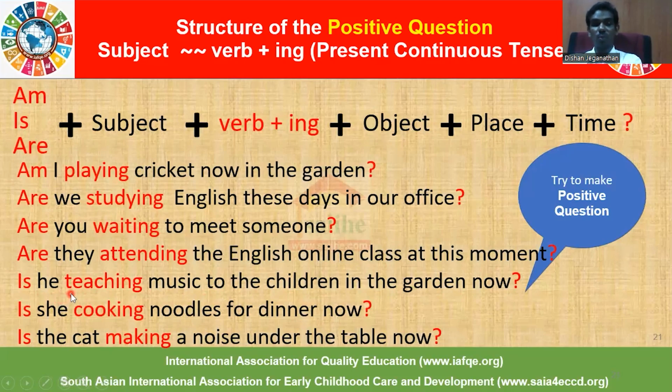The action or the verb is teach plus ing, teaching music to the children in the garden now. Is she cooking noodles for dinner now? Is the cat making a noise under the table now? The cat is the subject, making is verb plus ing, a noise under the table now.